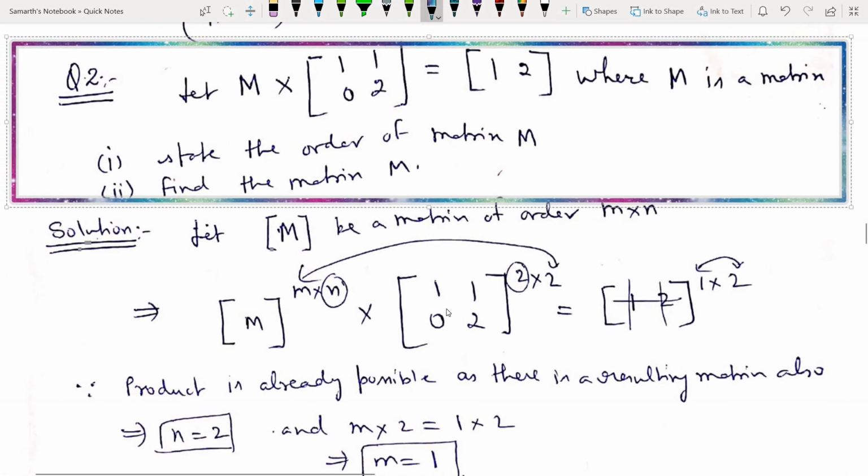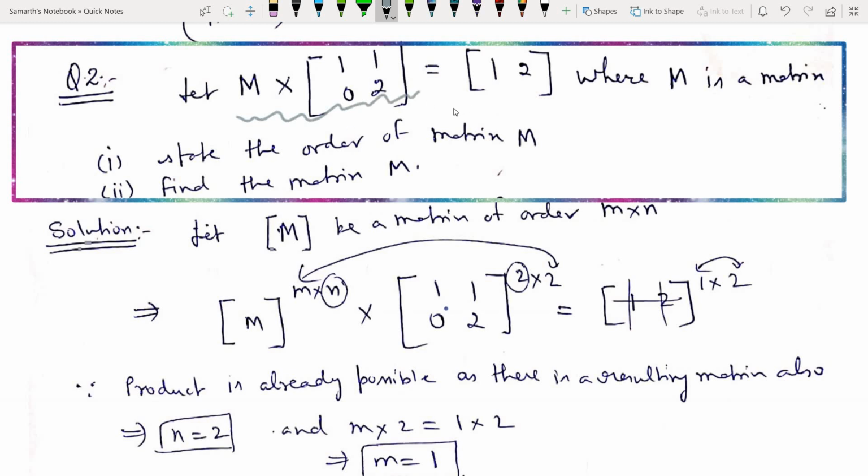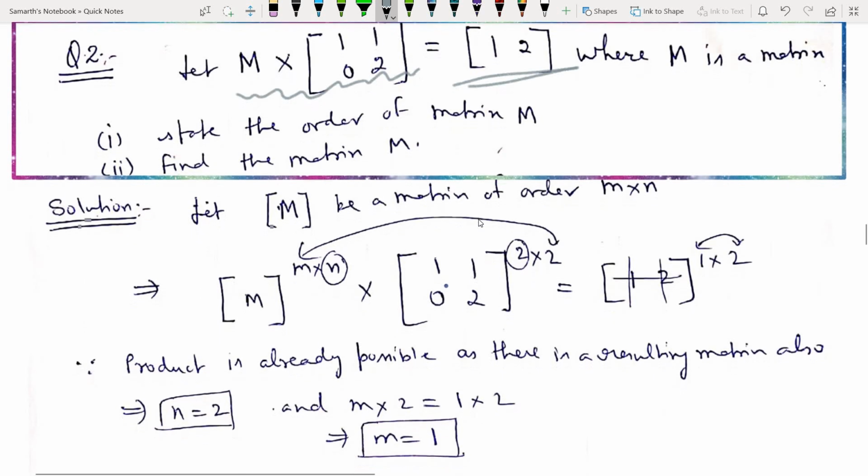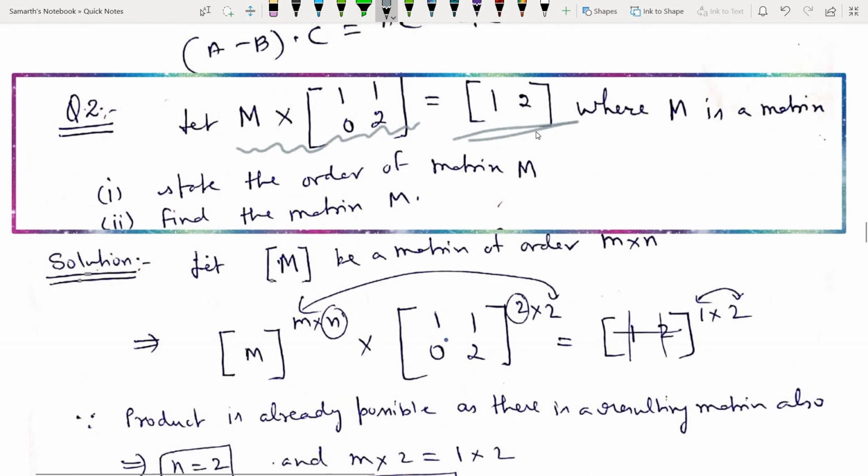State the order of matrix M and find the matrix M. How can you find the order of M? Since you are getting the resulting matrix, the product of the two matrices is possible.